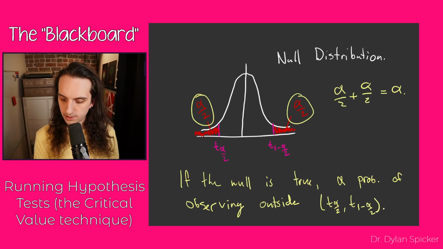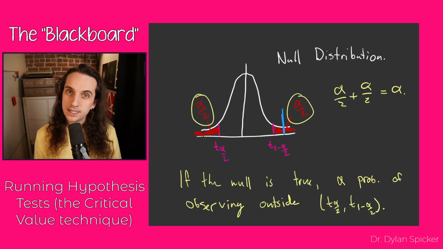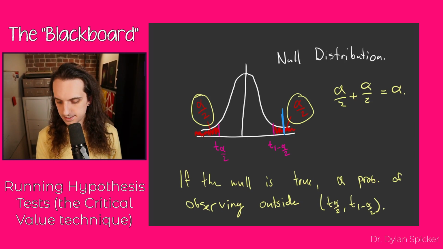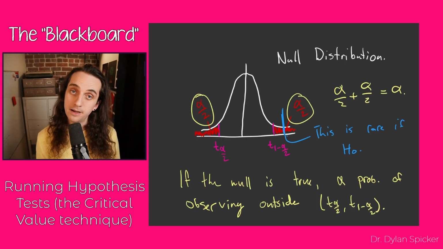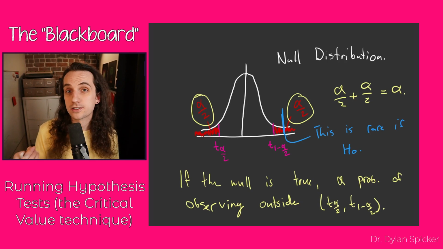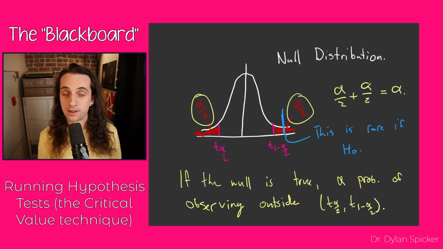And so then if we actually compute our test statistic and it comes up here, there's a very rare chance that that's going to happen if the null hypothesis is true. So this right here, this is rare if H naught. Okay? And so because of that, the data are suggesting that we can reject the null hypothesis, right?